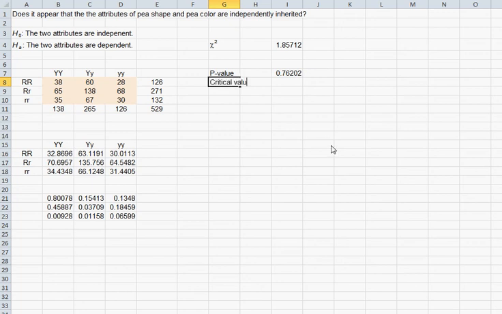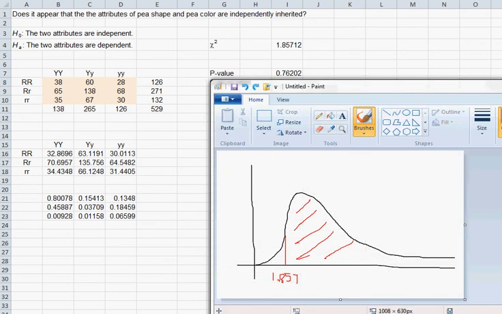The second way of going about the problem is to figure out the critical value. The way that we find the critical value is, instead of comparing areas, we compare x-coordinates. So I want to figure out the number here, the critical value, chi-squared sub c, so that the area to the right of this mark is exactly the value of alpha, which in our problem is 0.05.